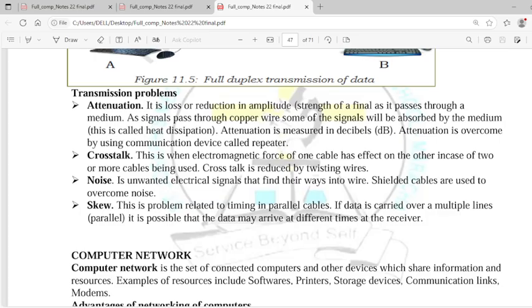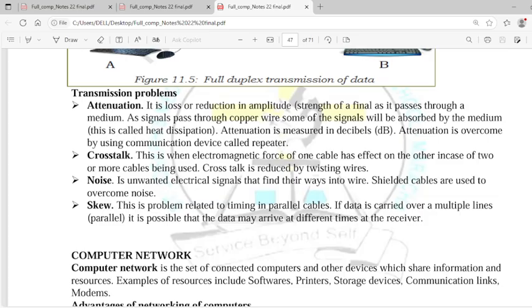So what is attenuation? We said it is the reduction in the amplitude or strength of the signal as it moves through a medium. It is a reduction in the amplitude or loss of the strength of a signal as it moves through a medium.